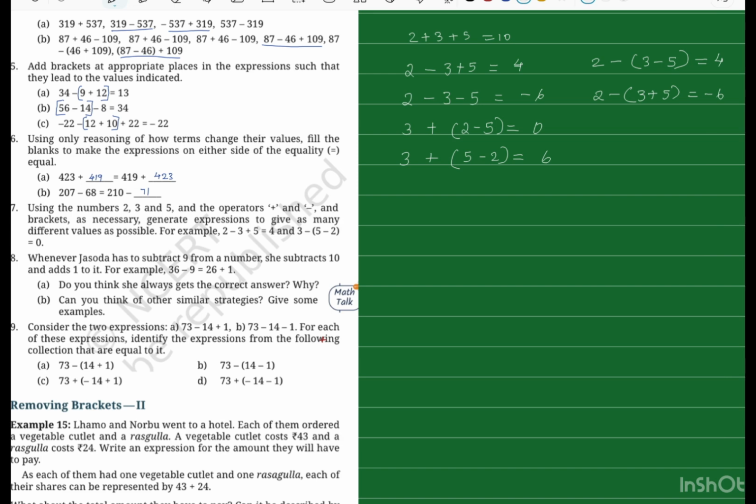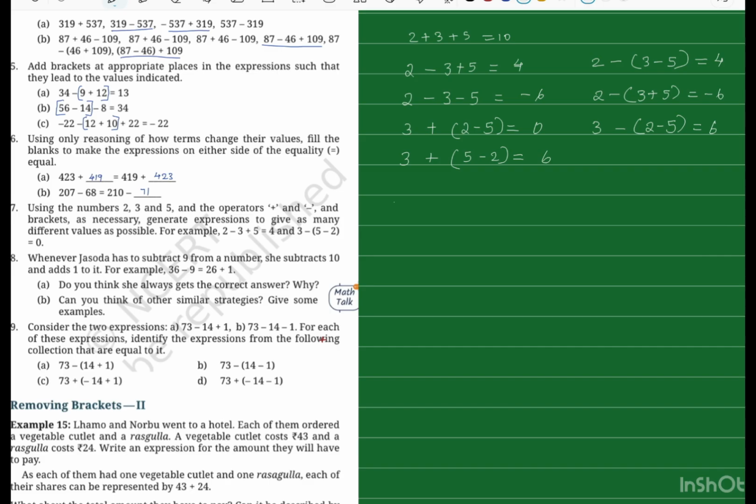So 3 plus 3, 6 minus 2 minus 5, then it will become 2 minus 5 is minus 3, minus 3 minus plus 3, then 3 plus 3 is 6. So the answer is 6.